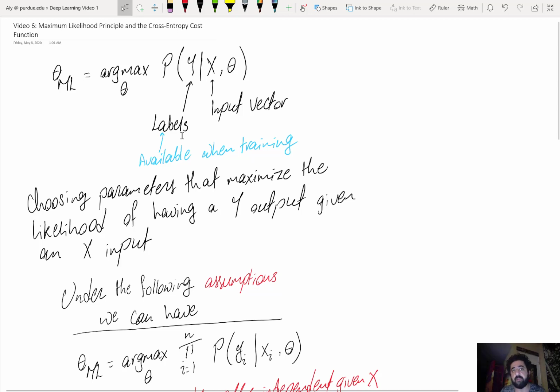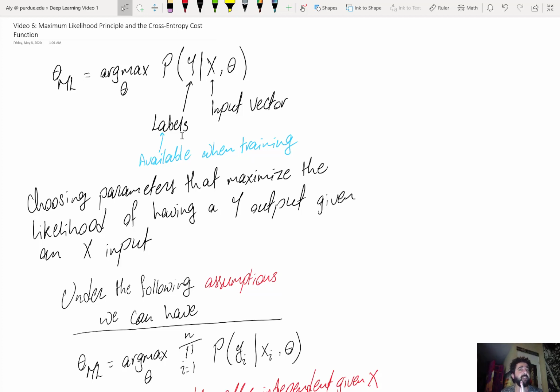This is again a classification problem, and you want to choose the model parameters. The maximum likelihood principle says that you should choose the parameters theta that maximize the probability of observing the labels y given the input vector x, right?